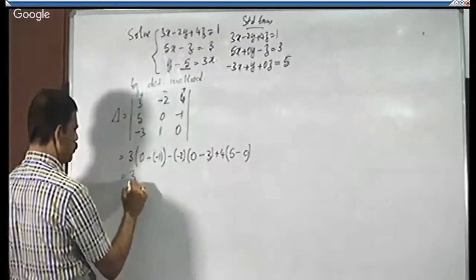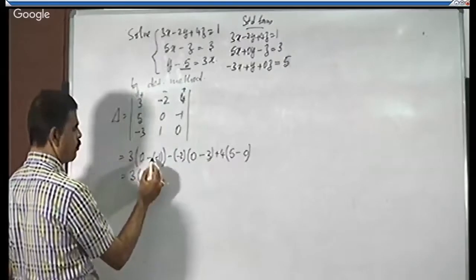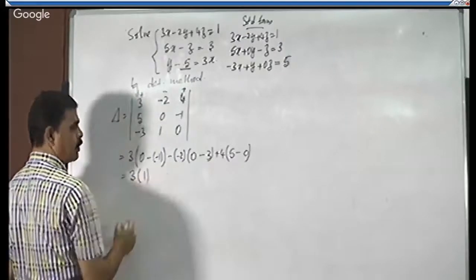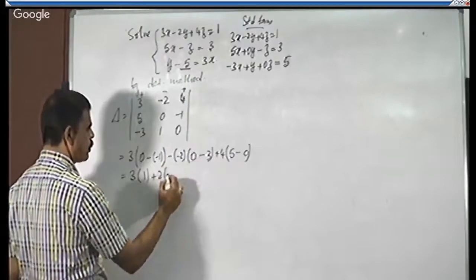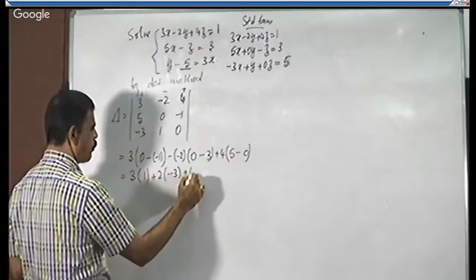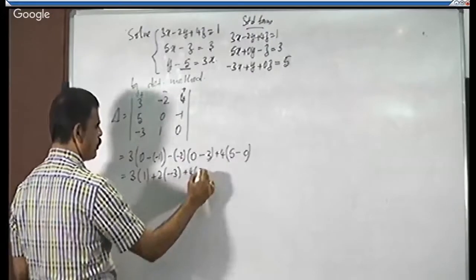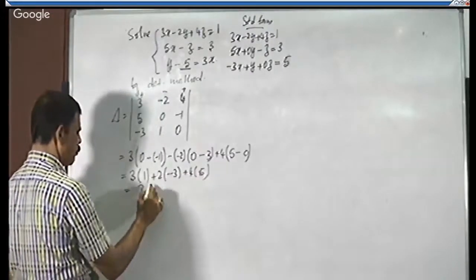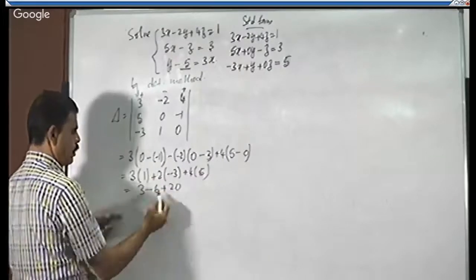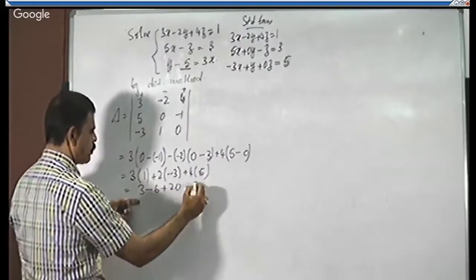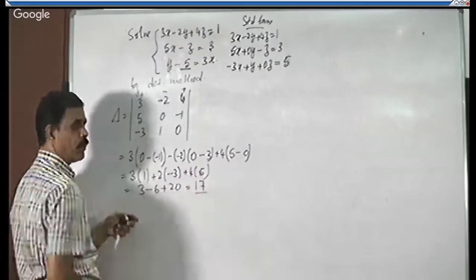Therefore, 3 into 0 minus of minus 1, plus 2 into 0 minus 3 is minus 3, plus 4 into 5 minus 0 is 5. 3 minus 6 plus 20. 23 minus 6 is equal to 17, which is the delta.